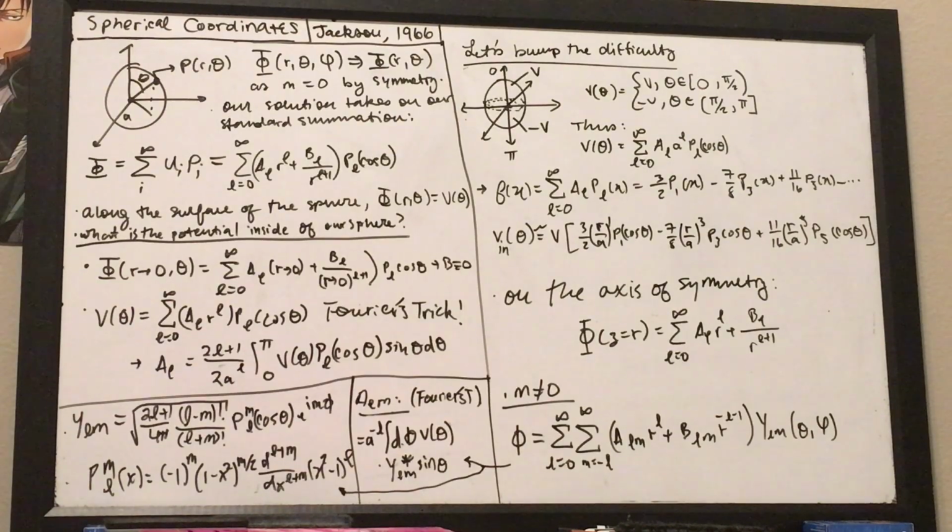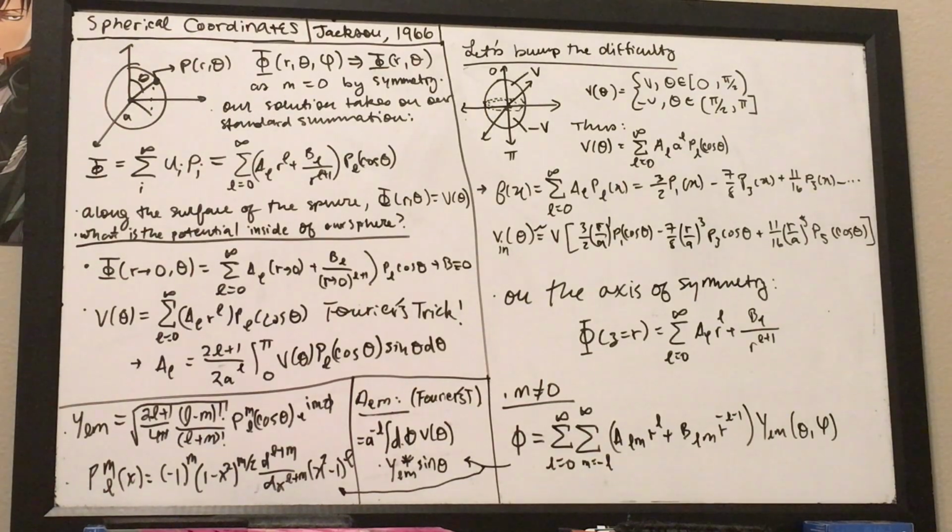But anyway, let's say somewhere along the surface of our sphere, our potential Φ can be described as being some potential V of theta, right? And we want to know what the potential is inside of our sphere, right? So if we're looking at the potential inside of our sphere, we're going to begin to apply our boundary conditions, right?